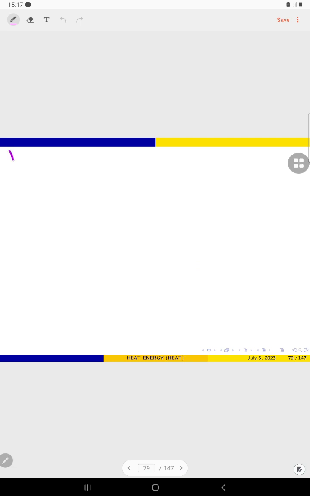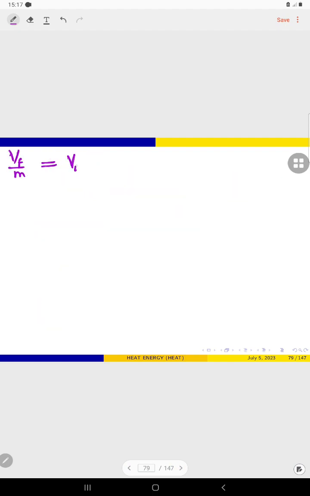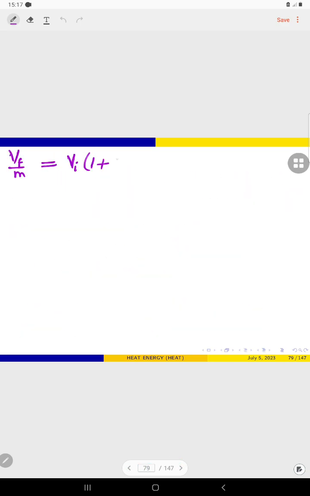We get Vf over m is equal to what? Vi (1 plus gamma delta theta) also over m, right? Because Vi and the one in bracket are multiplying, they become one entity.